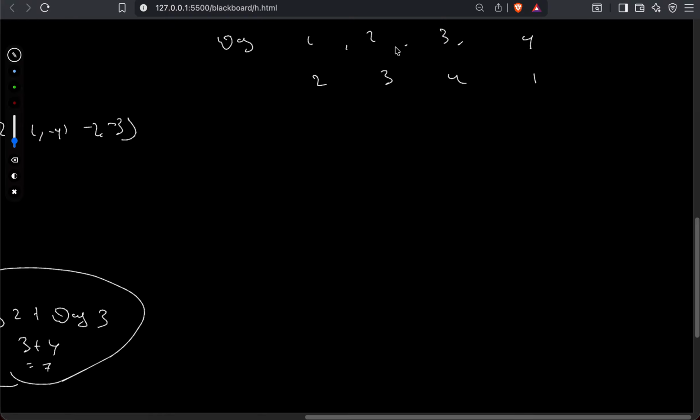So after day 3, 2 plus 3 plus 4 is 9, which includes days 1, 2 and 3.